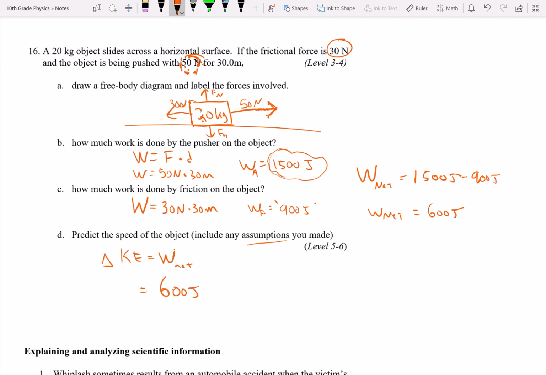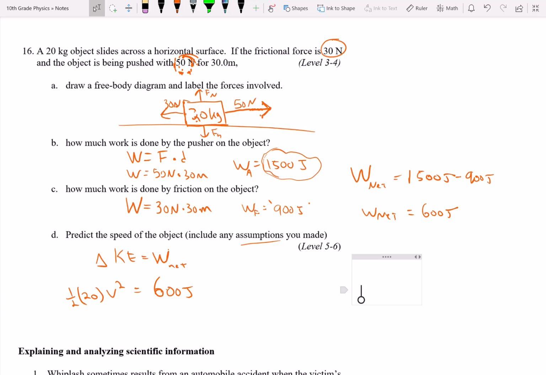And then the change in kinetic energy is from 0 to whatever speed it ends up being, right? So the change in kinetic energy is just going to be 1/2 mass times velocity squared. This would get more complicated if you said you started at 5, because then the change in kinetic energy would actually be this minus 5 squared.